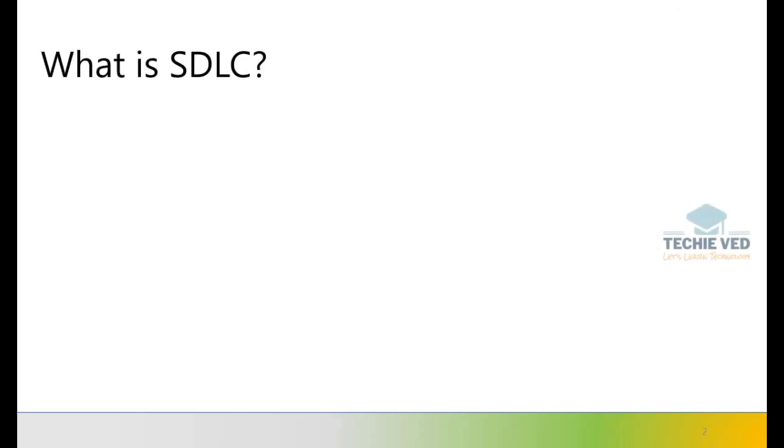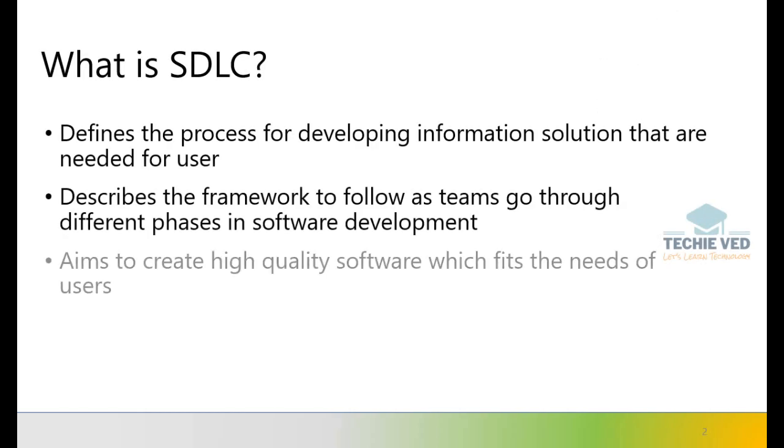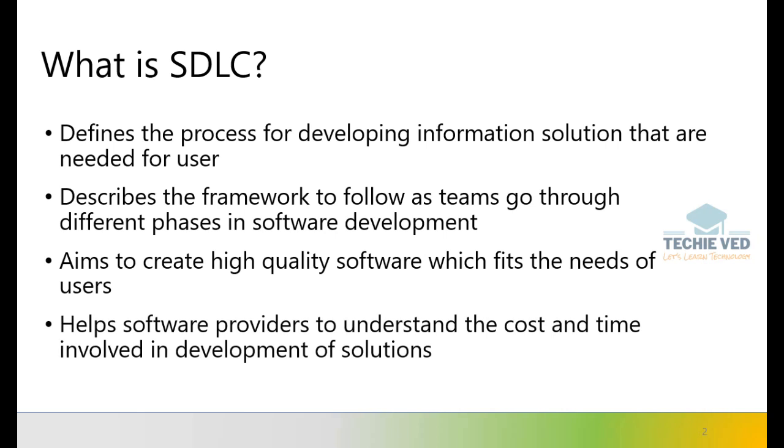So what is SDLC? SDLC can be said as a process which is followed for developing any information solutions for your clients. It acts basically as a framework or a guidance material for software development to go through different phases so that the aim of SDLC is fulfilled. What is the aim?